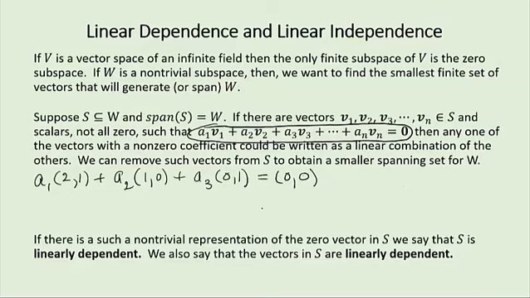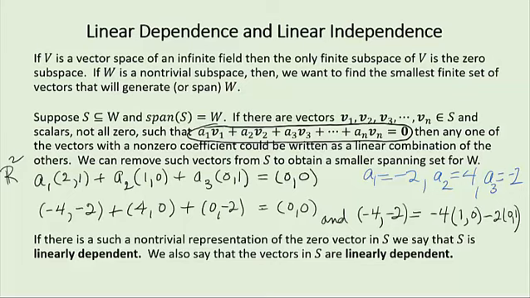For example, in R2, the plane, if we set up this equation involving three vectors and constants a1, a2, a3, we can find infinitely many non-zero coefficients that would satisfy this equation. One of which would be a1 equal to -2, and a2 equal to 4, and a3 equal to -2.